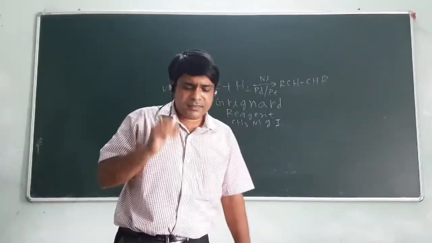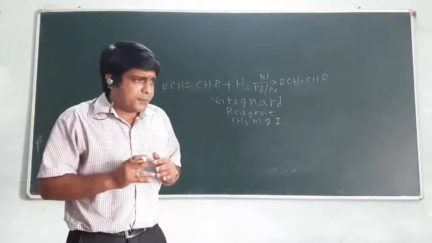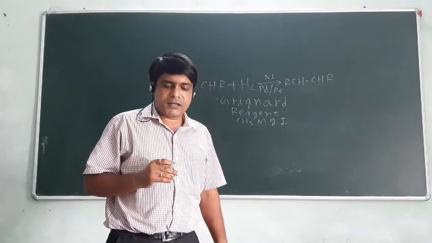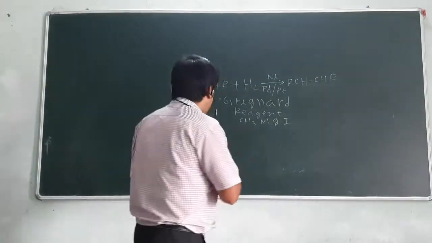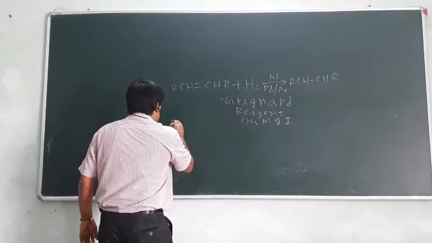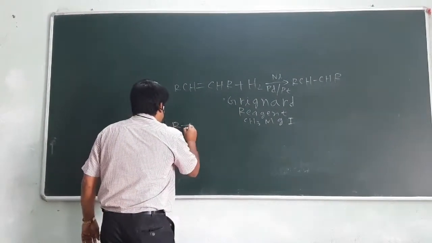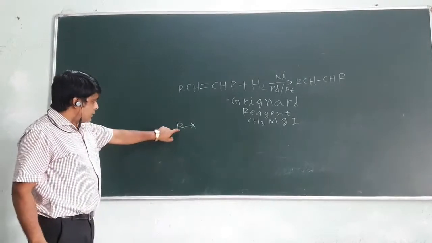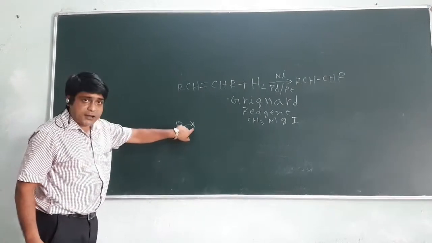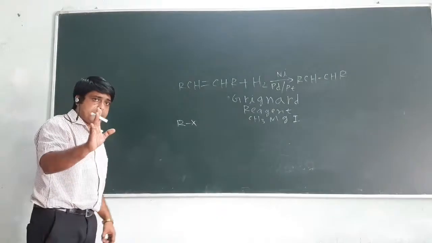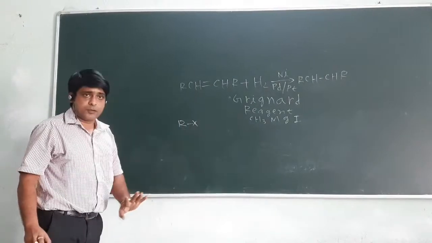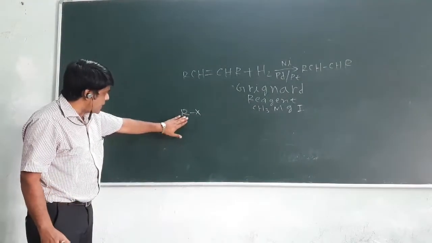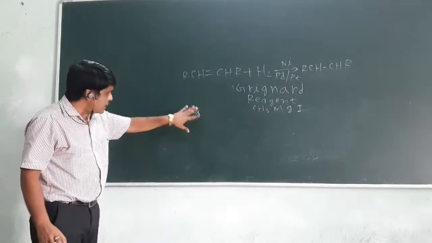In this method, at first, when any alkyl halide reacts with magnesium, in the first step of the reaction, the alkyl halide, here R stands for any alkyl group and X stands for any halide group. Hopefully you have remembered that. Like you can write methyl iodide, methyl bromide, and so on.